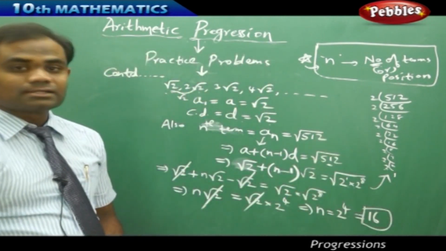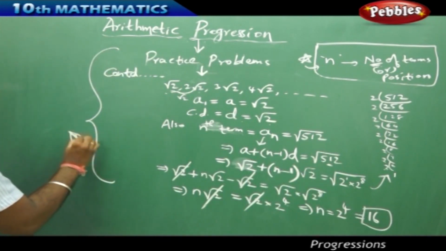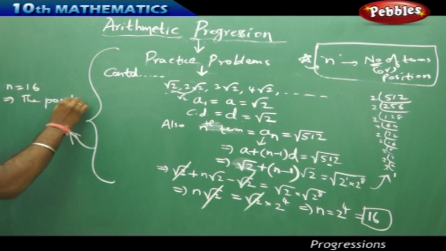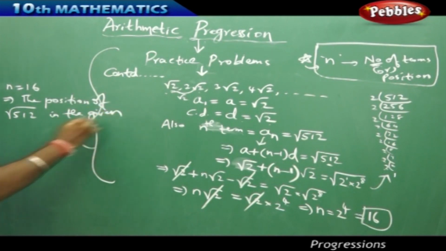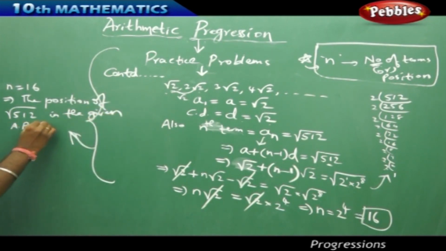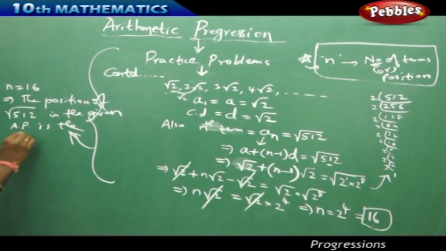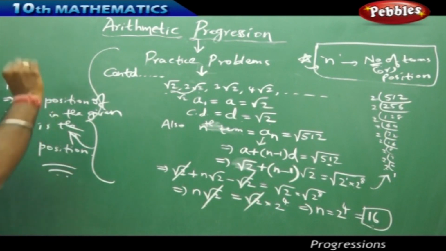Therefore, my n is 16, which makes me understand from the given problem that n equal to 16 implies the position of the term root 512 in the given arithmetic progression is the 16th position. That is how we conclude.